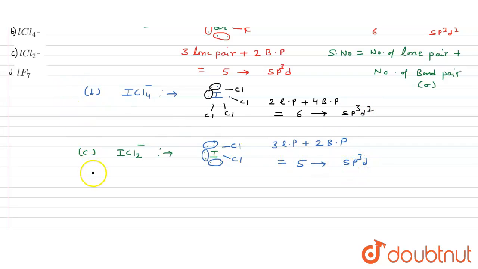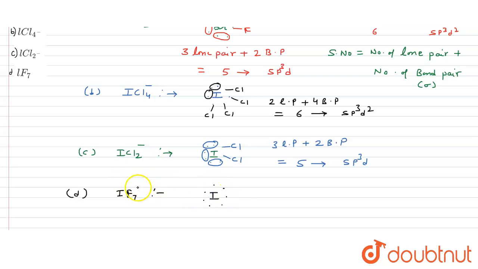Now if I talk about D, there is actually an interhalogen compound, IF7. In this particular compound, iodine is our central atom, with valence electrons 1, 2, 3, 4, 5, 6, 7.